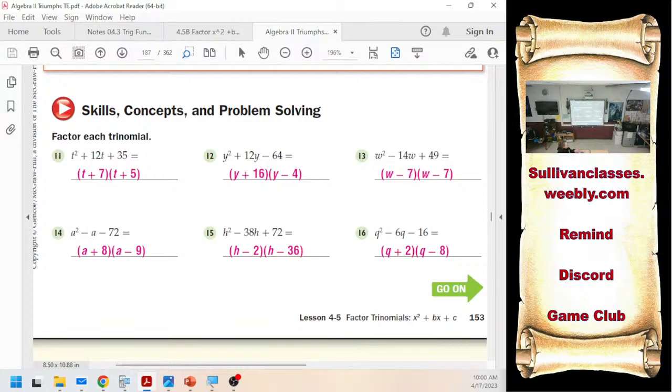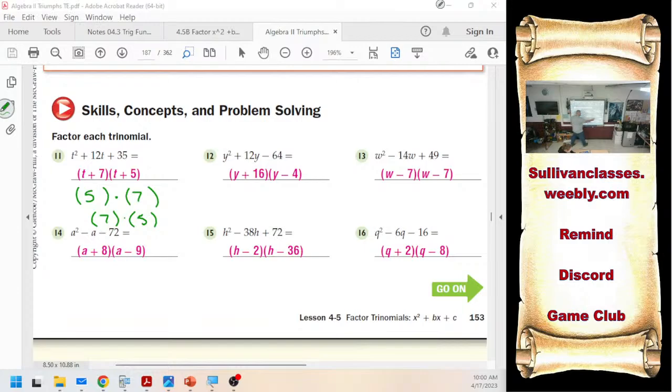Okay? Now, remember that with every one of these, this is a thing times a thing, right? Well, what's 5 times 7? What's 7 times 5? Multiplication is commutative. So if you got these, but the order is backwards, that's cool, so long as the signs are the same.